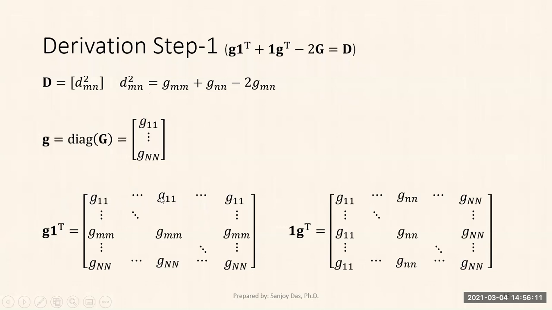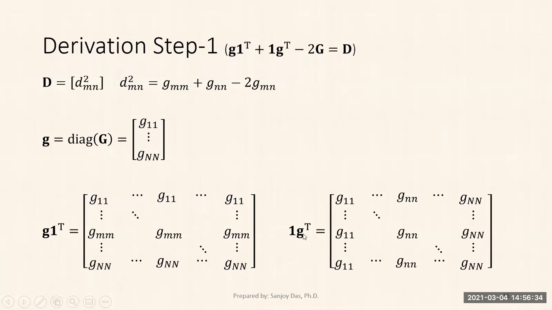So this is G11, G11, G11. The mth row of G1 transpose will be Gmm repeated n number of times. And likewise, the last row will be Gnn repeated uppercase N number of times. So this is my G1 transpose.